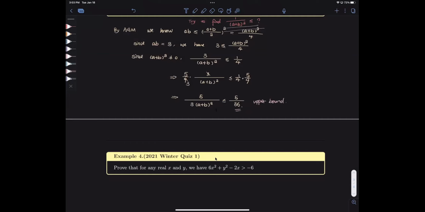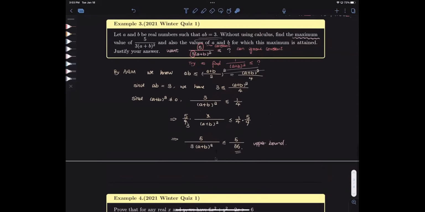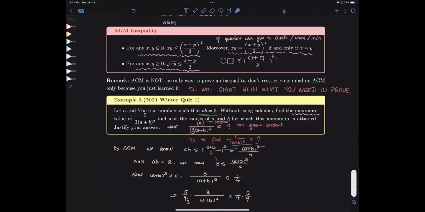We know that this is less or equal to this. So it's an upper bound, but how do we show it's actually maximum? This is where, for maximum or minimum, you need to check the equality.